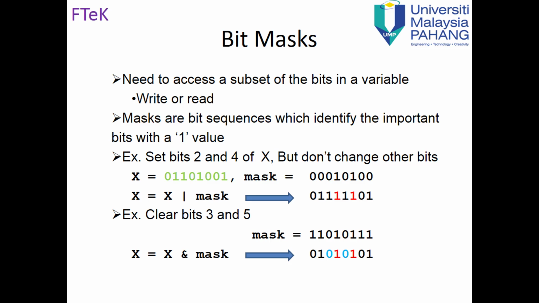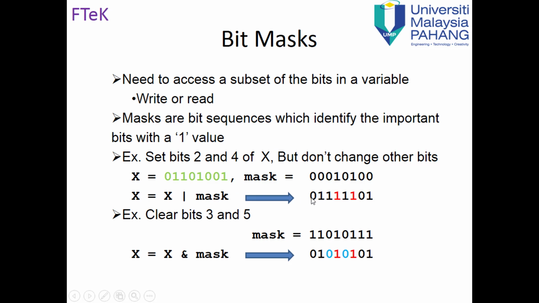Let's say we have value x, and this value is 01101001. I want to set bit 2 and bit 4 of x. Set means to make them 1 and not change other bits. The solution is to do masking with this mask. The mask is all 0 except bit 2 and bit 4, which will be 1.